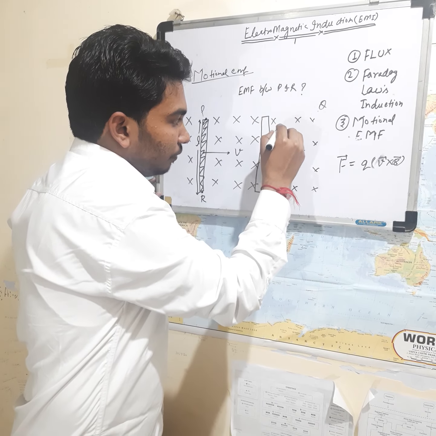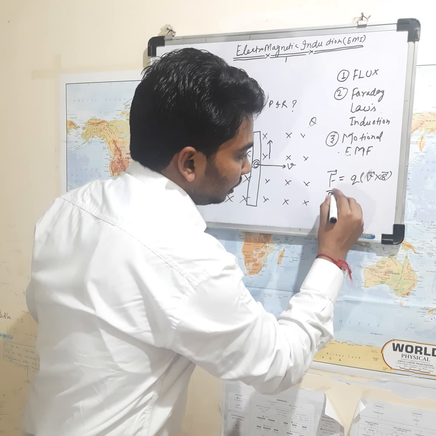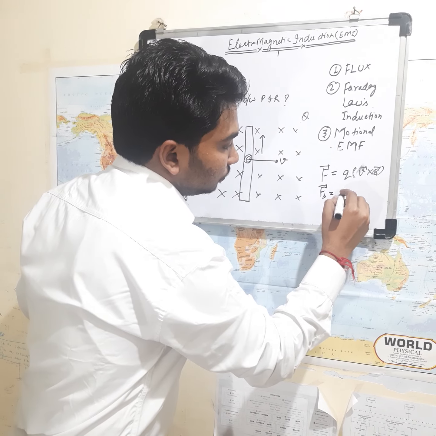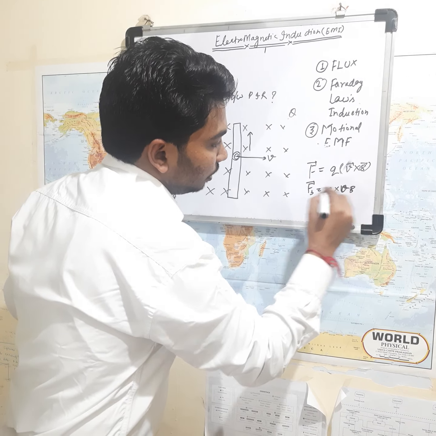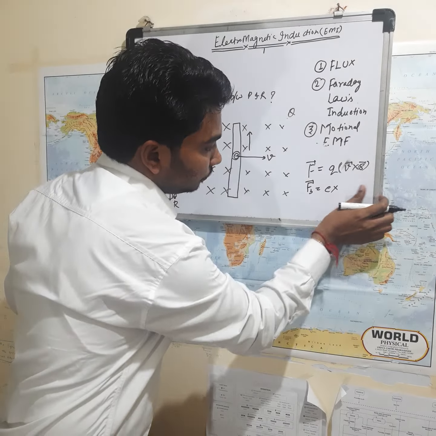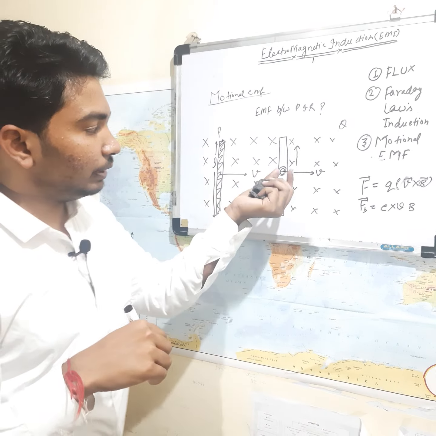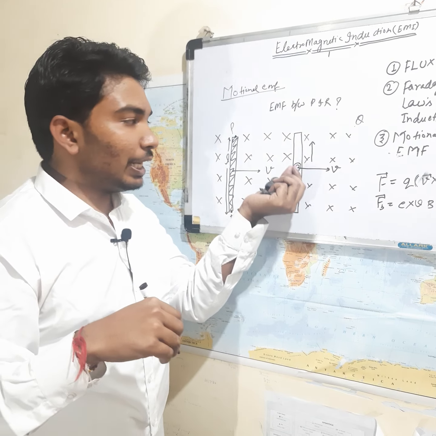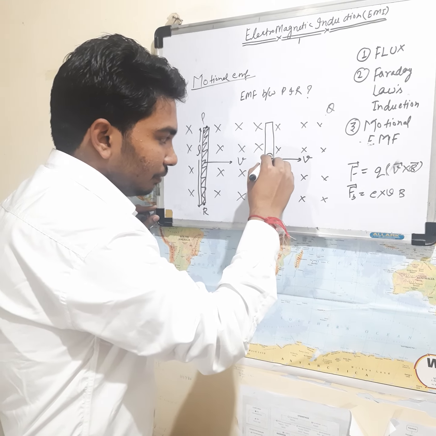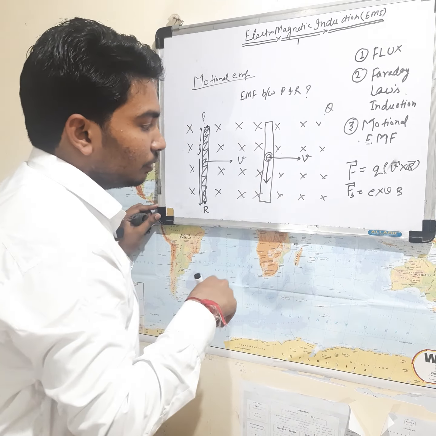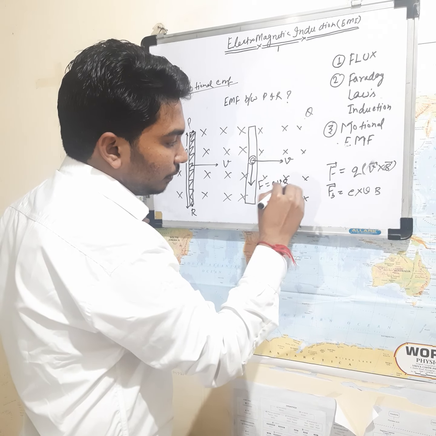The magnitude of F_B is equal to E into V into B. But this is a negative charge, so the direction of the force will be reversed. So the force is F equals EVB.